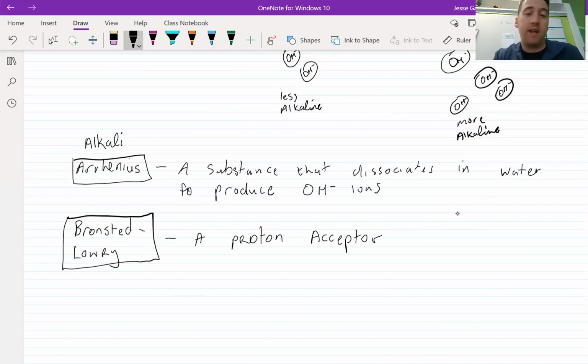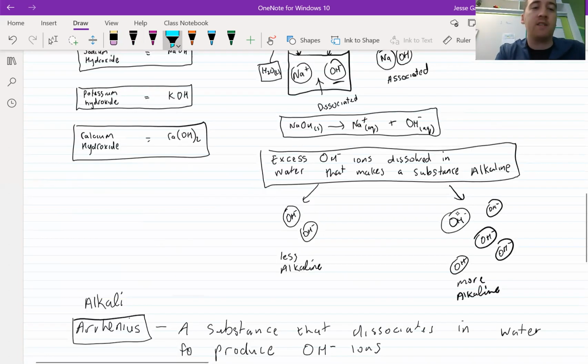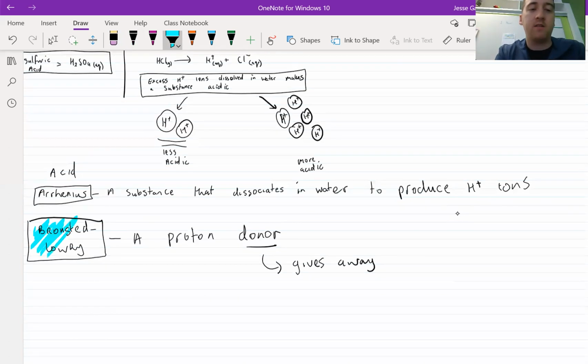We will see a little bit more detail on that later on. So they are our definitions. A Bronsted-Lowry acid is a proton donor and a Bronsted-Lowry base is a proton acceptor. And know that Bronsted-Lowry theory is the more commonly accepted theory nowadays, even though Arrhenius's theory is still pretty good.